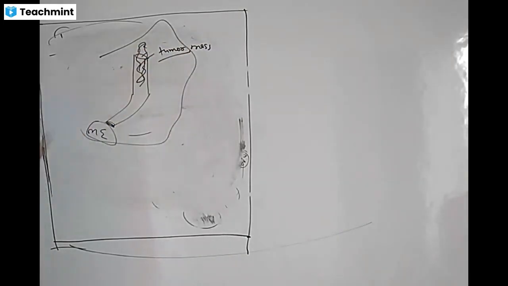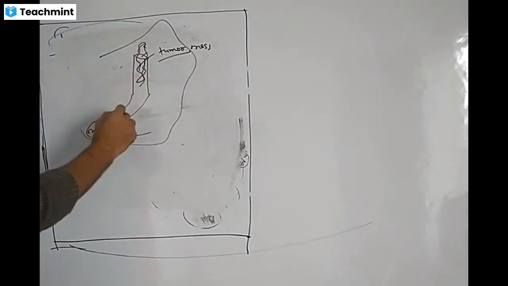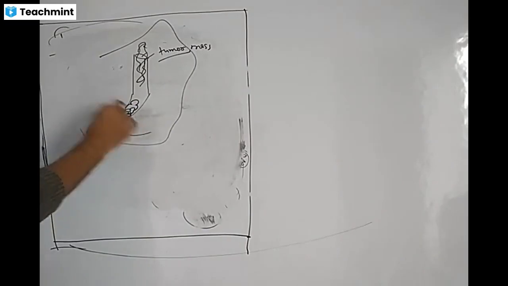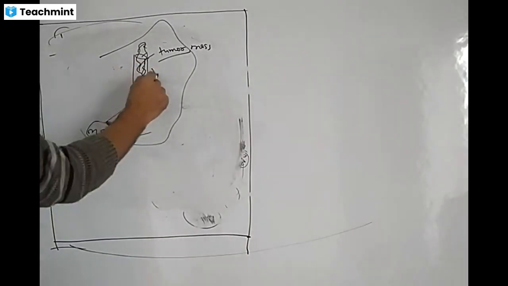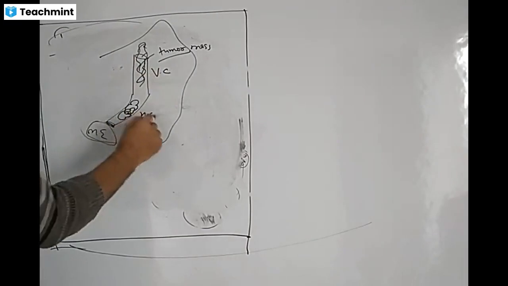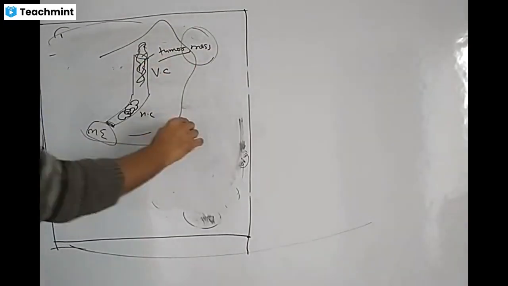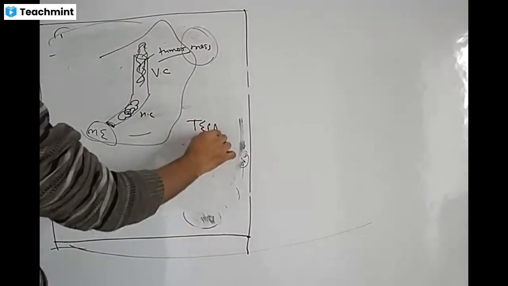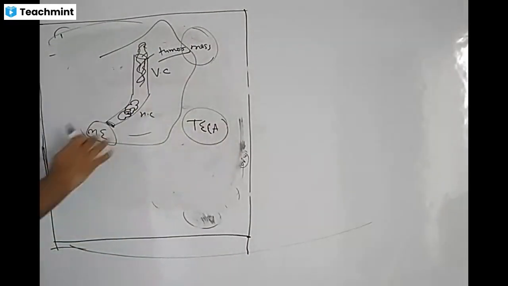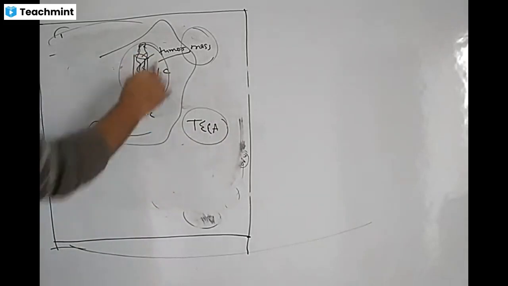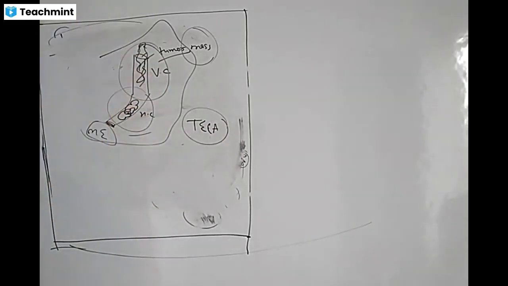This vertical canal is filled and this horizontal canal is also filled. Vertical canal, horizontal canal, both are filled with tumorous mass. So the better option is to go for TECA. Total ear canal ablation means removal of the vertical part as well as the horizontal part, both the parts.